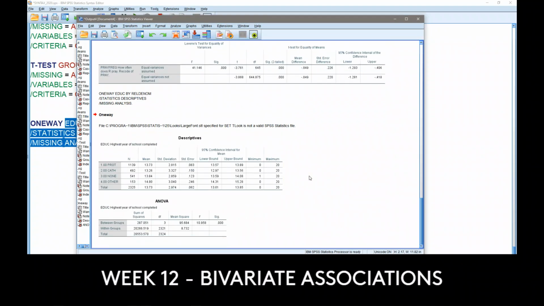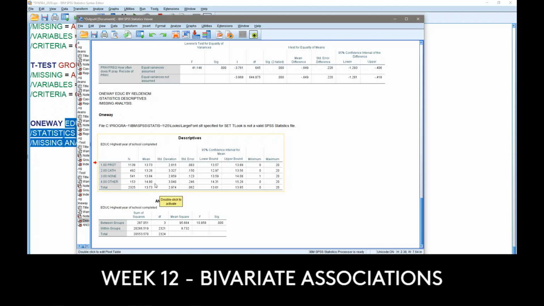Let's run this command. The first output window you're going to see is the descriptives. It is basically just giving you an outline of the total number of respondents per category, and then it gives you the average of your outcome variable. So this mean is the average level of education by religious denomination.